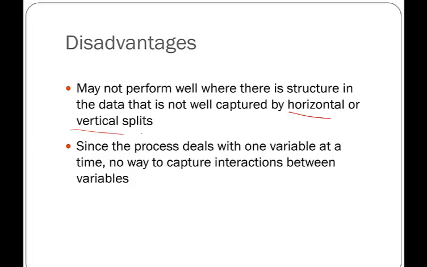Next week we'll talk about discriminant analysis, where instead of making horizontal and vertical splits, we'll make diagonal splits. And this means that there's no way to capture interactions between variables. One other disadvantage that's not listed here is that usually you need a lot of data to do this, and it is very computationally expensive.